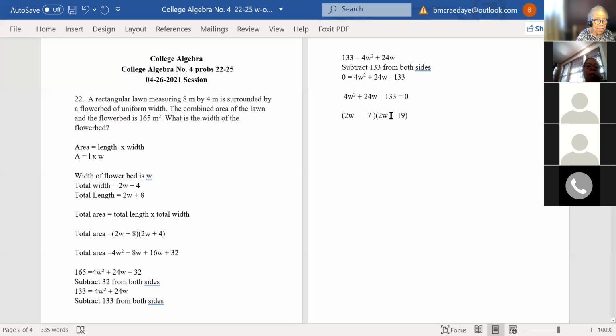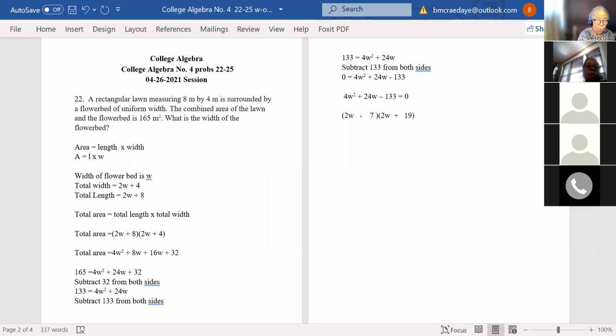So we know that the 19 will be plus because it's the bigger number and we want a plus times a minus to give us a plus. So that means the 7 will be minus. That's right. So we factor them and this is equal to 0.